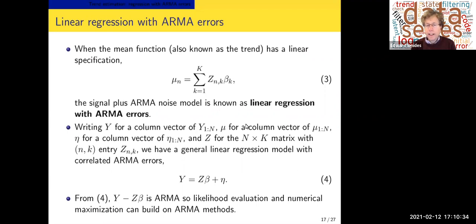If we write y for a column vector of the data, mu for a column vector of the means, eta for a column vector of the noise process, and we'll often use Z for the design matrix of the regression. We shouldn't use X because we normally use X for a time-dependent process. So the general linear regression model with correlated ARMA errors is now written Y equals Z beta plus eta.